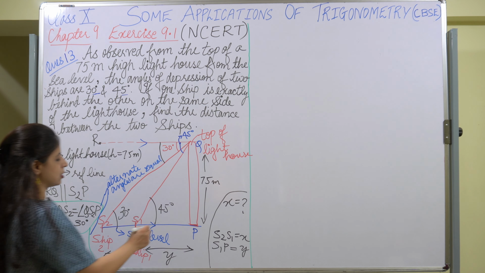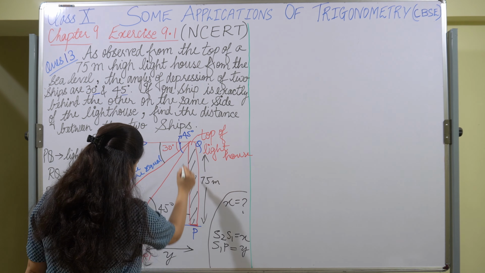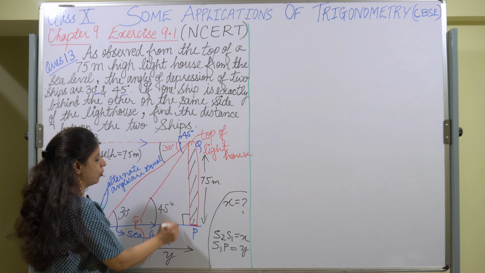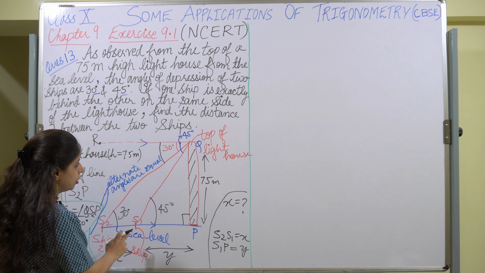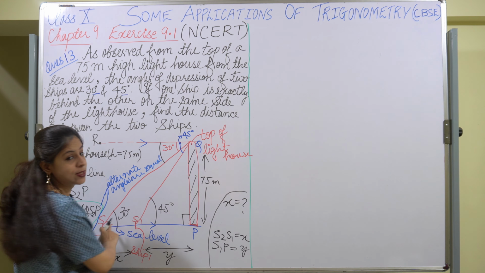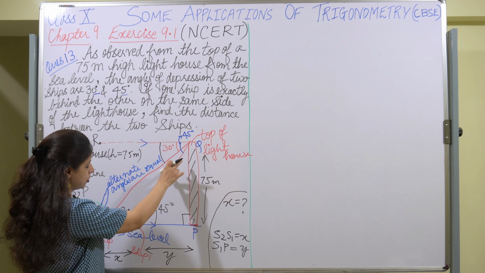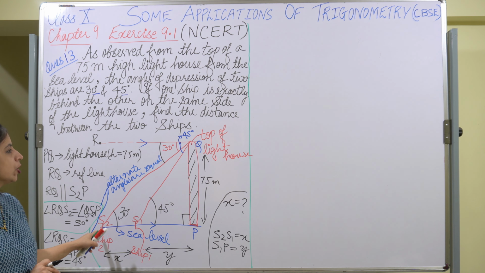This is 90 degrees. This is the lighthouse, which is perpendicular to the sea level, so this is making an angle of 90 degrees. We are taking the two triangles over here: one triangle is QS1P and another is QS2P. For QS1P the hypotenuse is QS1, and for QS2P the hypotenuse will be QS2.